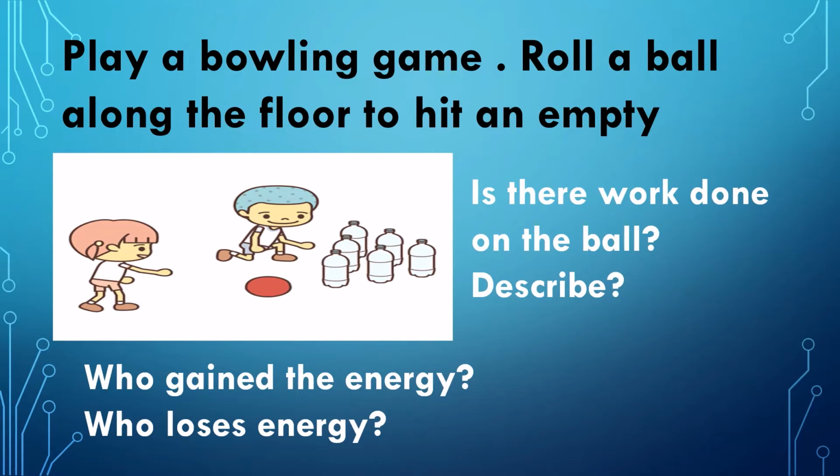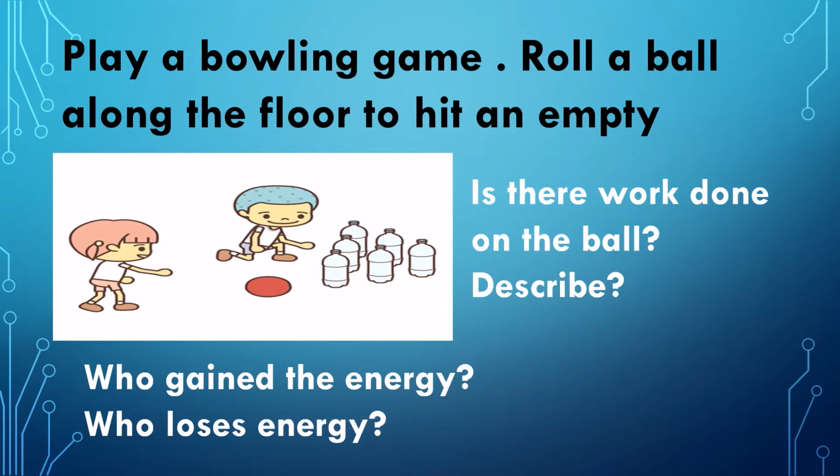So question, is there work done on the ball? Describe this. Okay, at first this child applies force on the ball, and then once the ball hits this empty bottle, the empty bottle now will cover a distance. This bottle now will have a displacement.